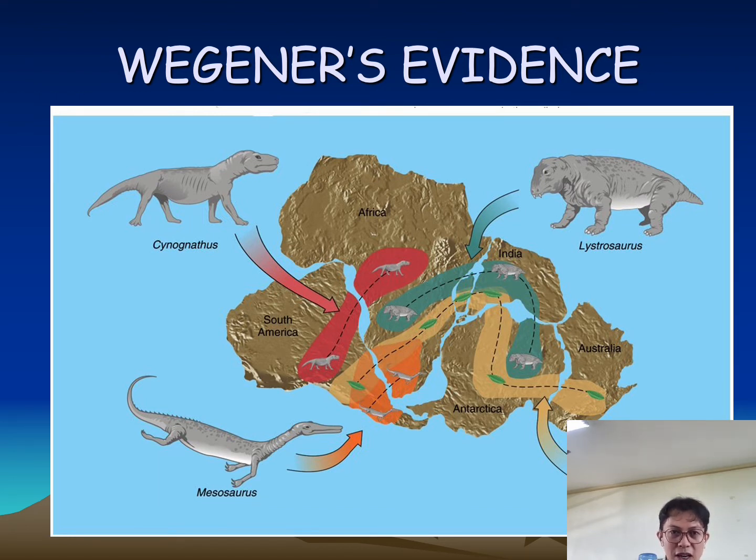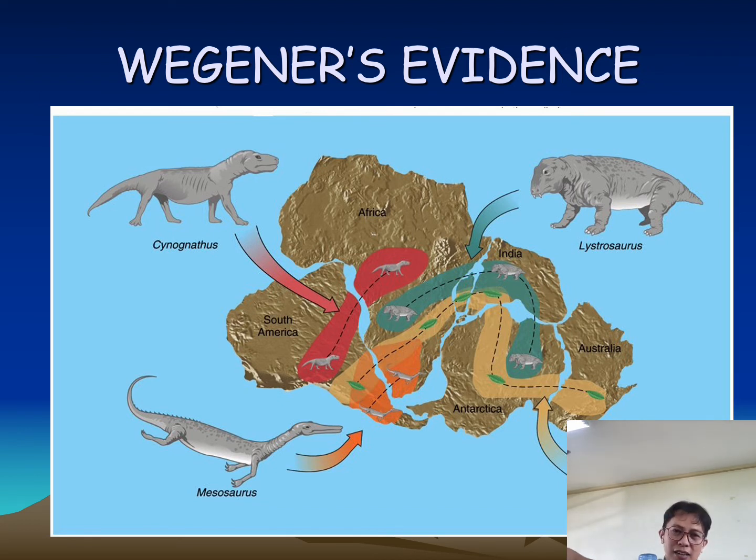cynognathus, which is found both in South America and Africa. Imagine, is it possible for this organism, cynognathus, to travel from South America to Africa? South America and Africa today are very far from each other; you need to travel, there is so much distance.